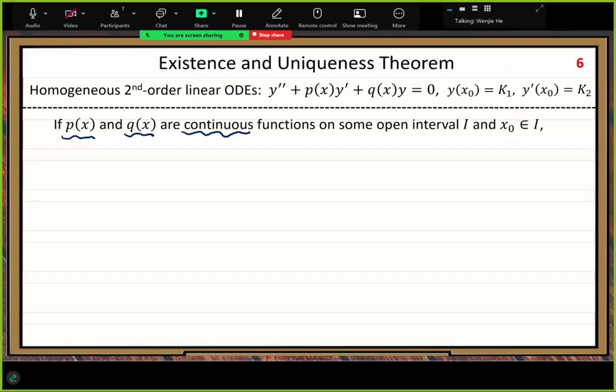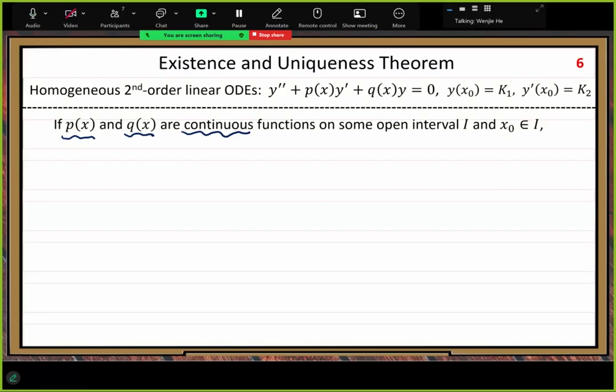So here you can see the condition is pretty weak, only continuous. We do not require these two functions differentiable. We know differentiable condition is stronger than continuous condition. So not necessarily differentiable. We only require continuous.